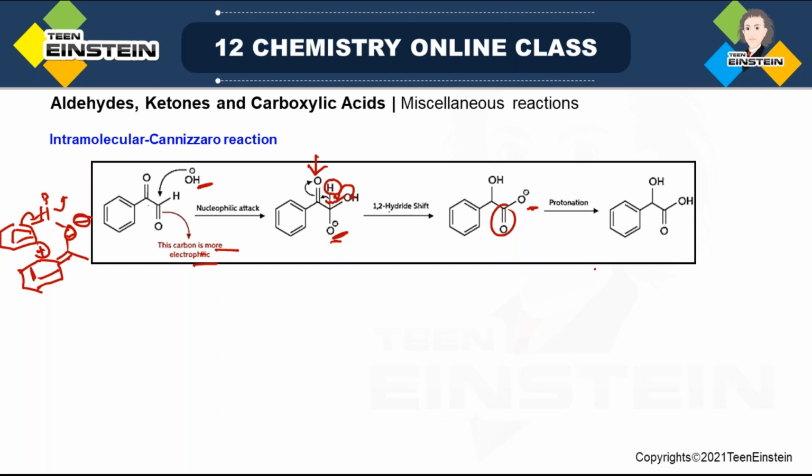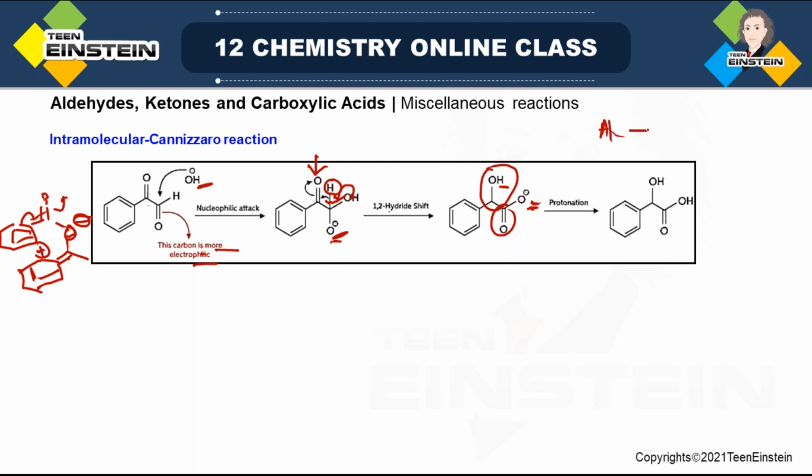So directly now you can write COO minus and OH, but we know that there is actually a proton exchange, because of this H and the other H. Obviously this is the alcoholic part. We know when there is a Cannizzaro reaction between two individual molecules, what do we get?